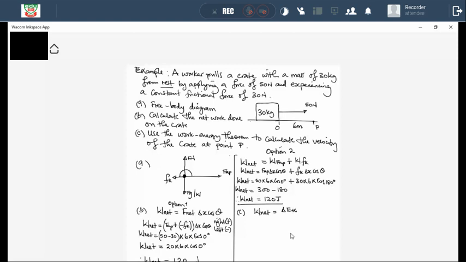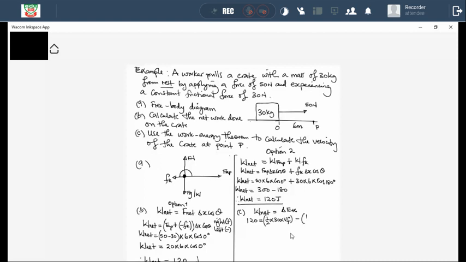My net work done I've already calculated, so I need to substitute. My W net, I got 120, which is equal to half times the mass of the object, 30, times VF squared. That is the velocity of the crate at point P. That's what I am looking for.